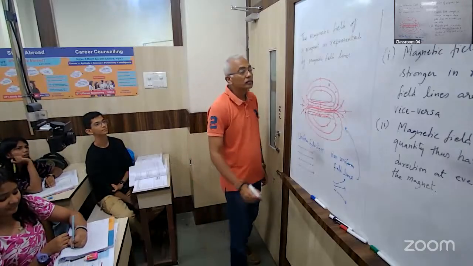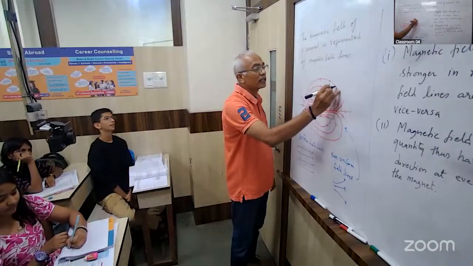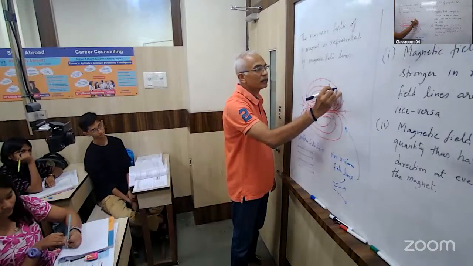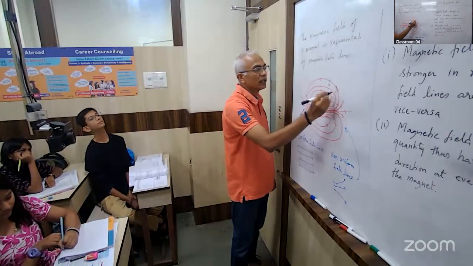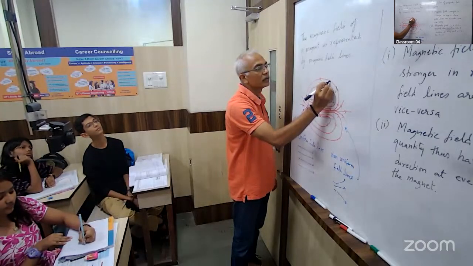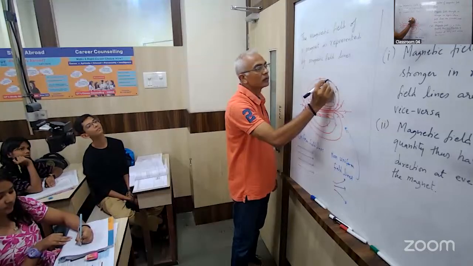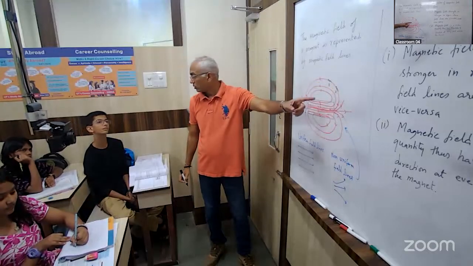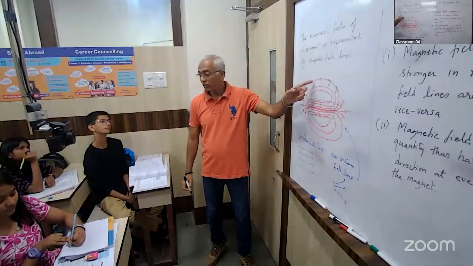So the field direction is along the tangent. At any point on the field, the direction is along the tangent. What is the direction? Along the tangent on the magnetic field line.